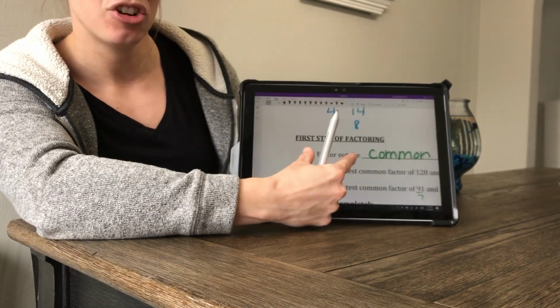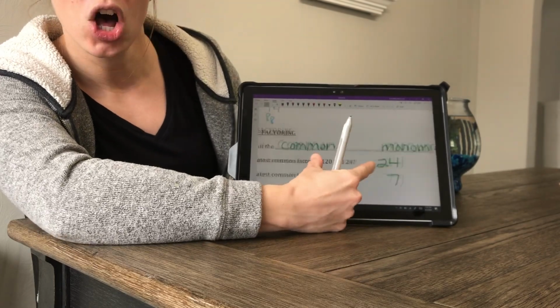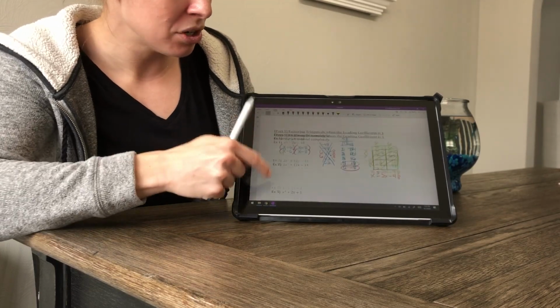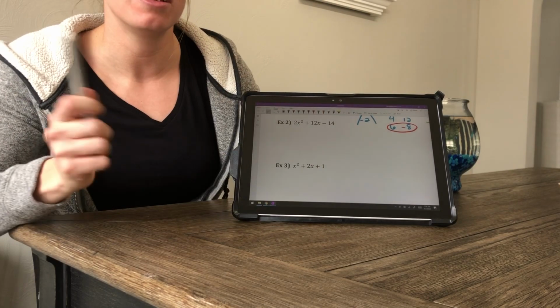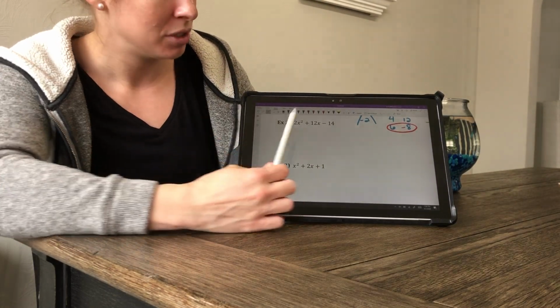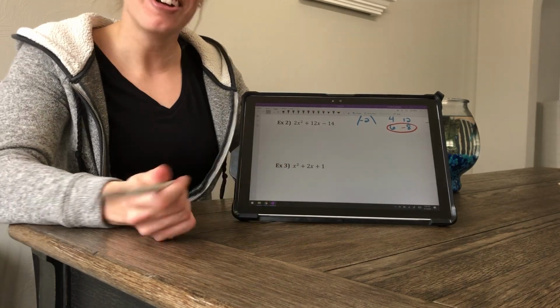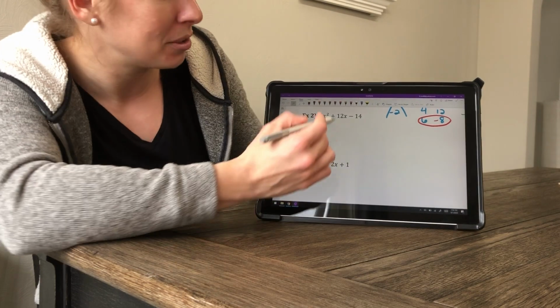First step of factoring. Factor out the common monomial. So, what you should check every time you're factoring is, is there anything you can factor out of each term? 2x squared plus 12x minus 14. They're all even. So you can factor out a 2 from each term.